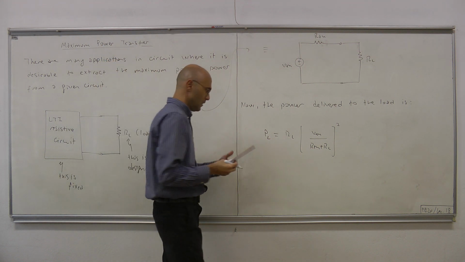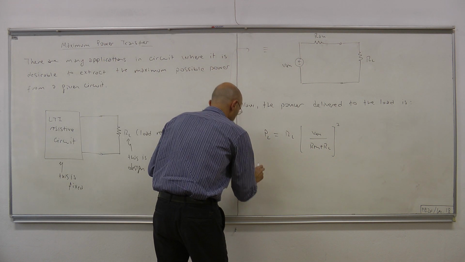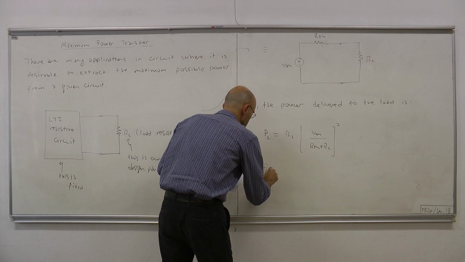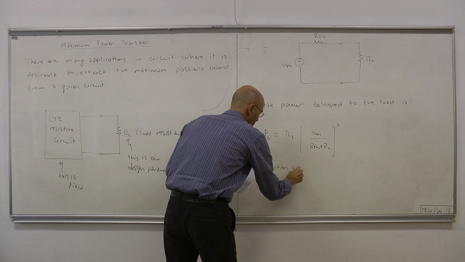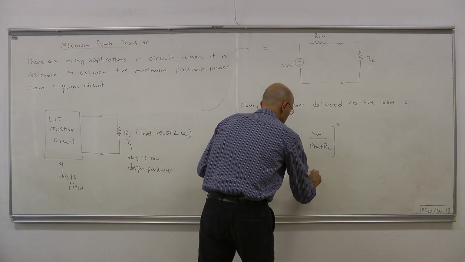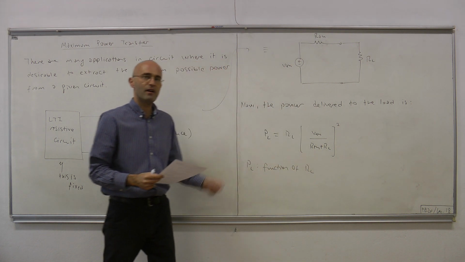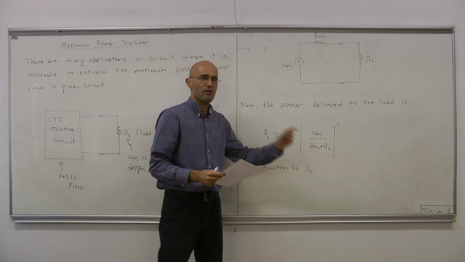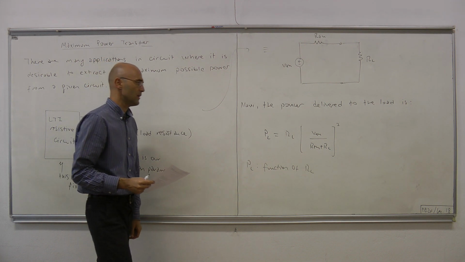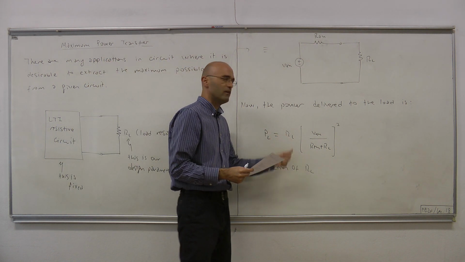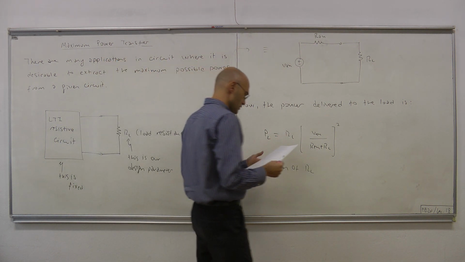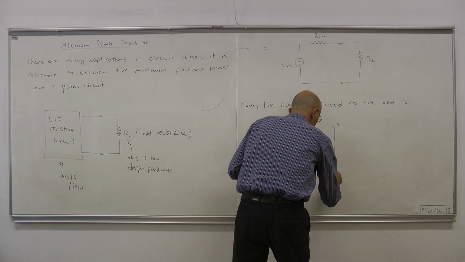Okay. Now, PL is a function of RL. So it's a function of a single variable because we consider V Thevenin and R Thevenin as fixed. There's only one variable, and that variable is RL.